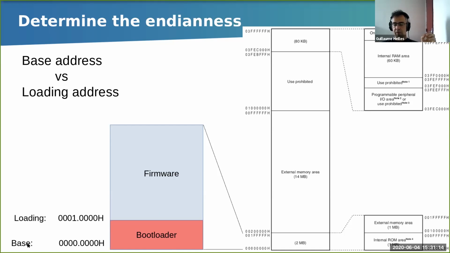For example, if your base address is 0, I mean your code starts at 0, the flash starts at 0, maybe you have a bootloader first or something else, you don't know, and maybe your firmware starts at a higher address. So here the loading address would be this value, the size of the bootloader, and the base address would be that. So are these heuristics enough to determine the loading address?